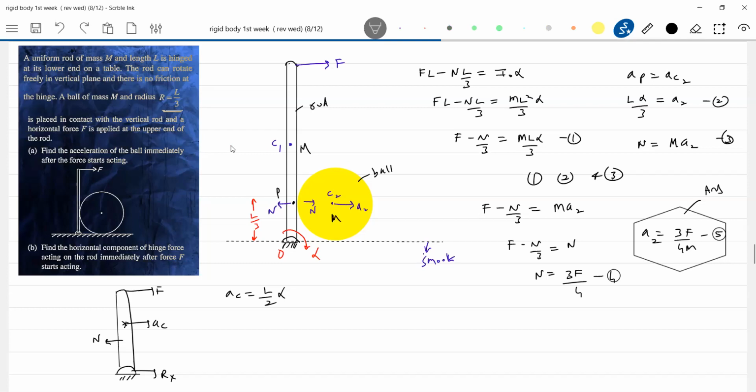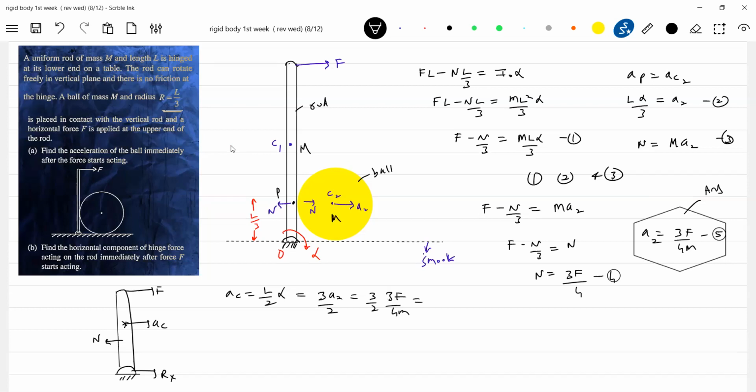Since we know A2, from that we'll get alpha. So L alpha will be 3 by 2 times A2, and A2 is 3F by 4M, so 9F by 8M. This is the acceleration of the rod.